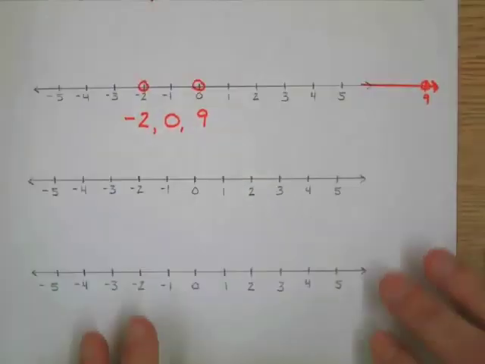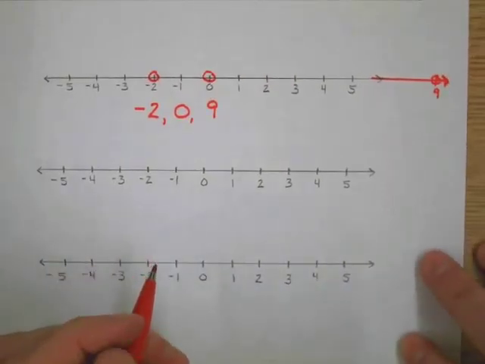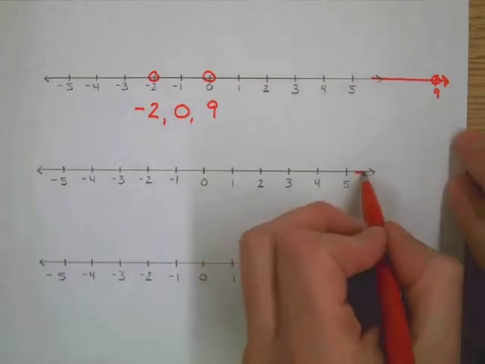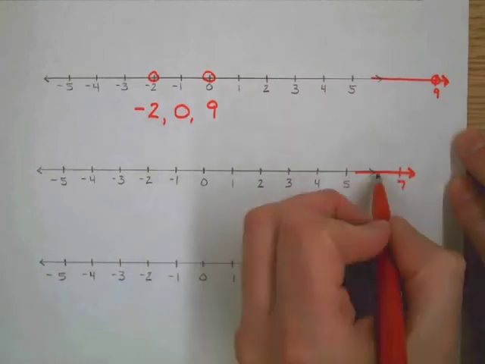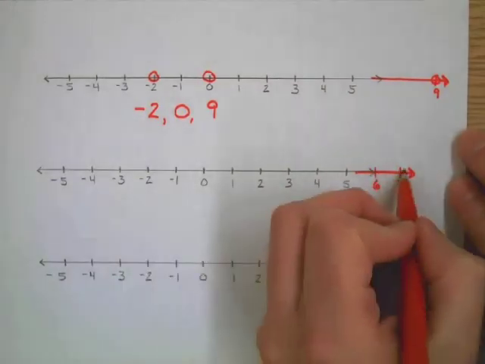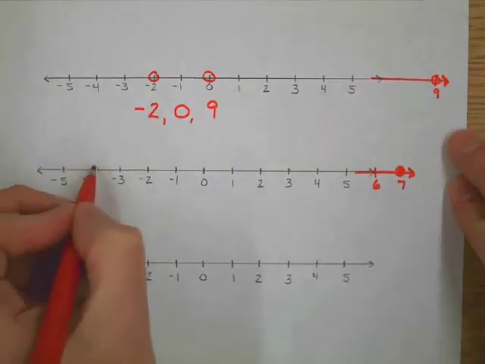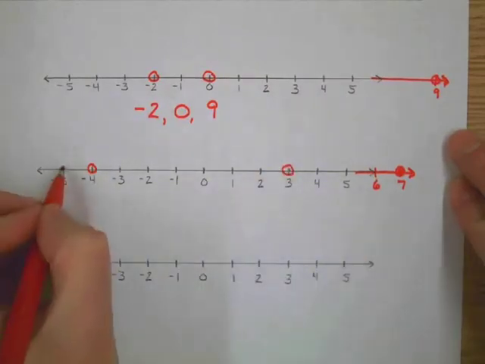Number 5 asks you to put in order 7, -4, 3, and -5. Again, my number line, I left my number line a little short here, so 7 would be out here a ways, so here's 7. And we also need -4, so here's -4, 3, and -5.